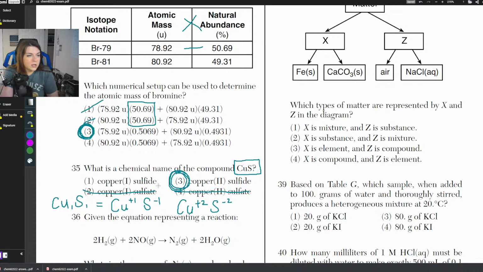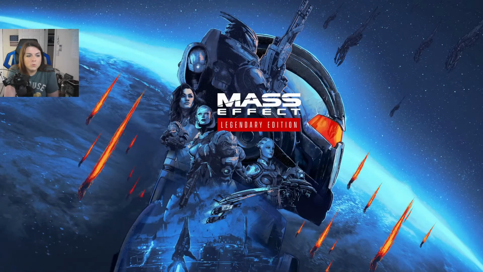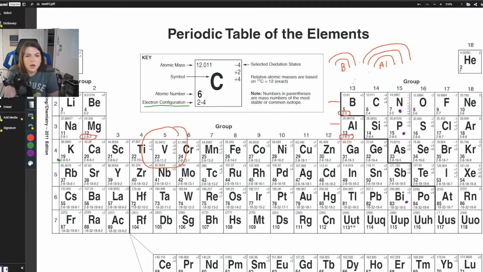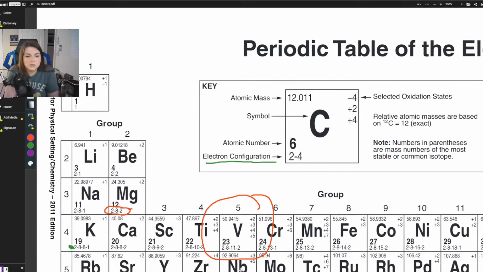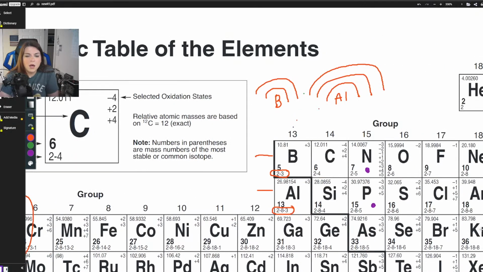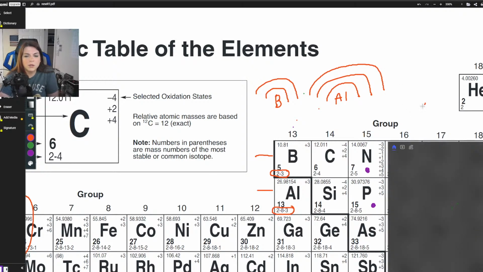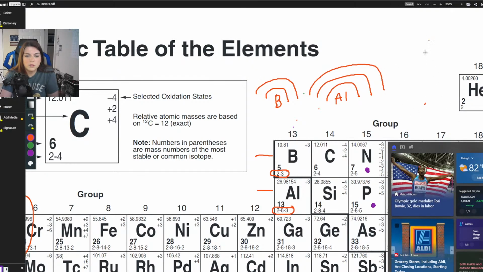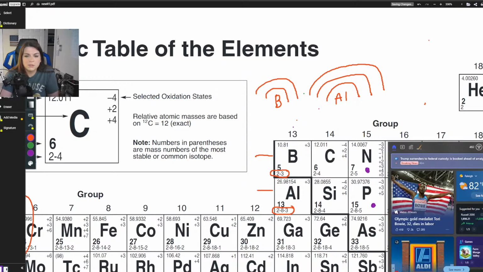If we look at the periodic table, whoops. Taking a look at sulfur's oxidation states. Come on, slide over. There we go. Sulfur, come on. I don't care what time it is. I don't care about the weather. I don't care about the Olympics.